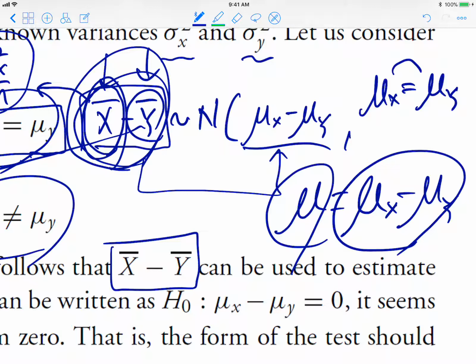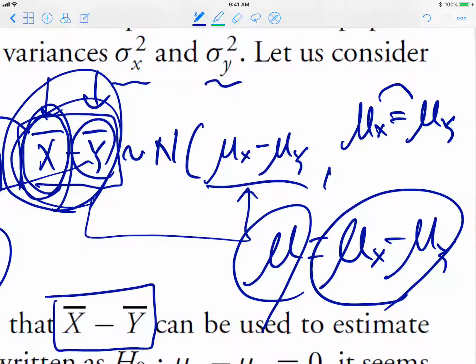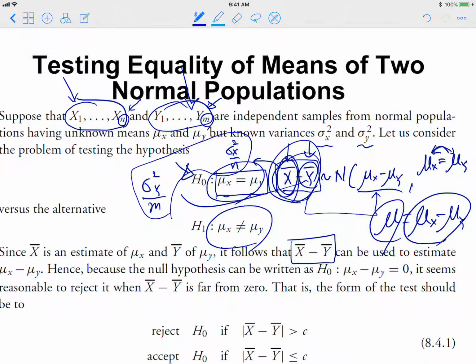Anyways, only the Oracle will know the true parameter value. But suppose the Oracle knows that these two are different, so certainly this alternative hypothesis should be true, but they have a really small difference. Mu x may be 174 and mu y maybe 175.